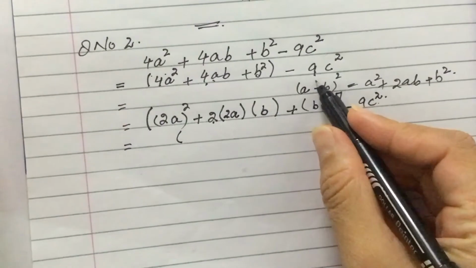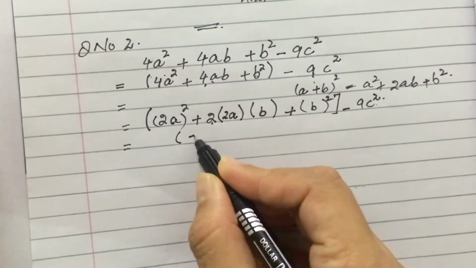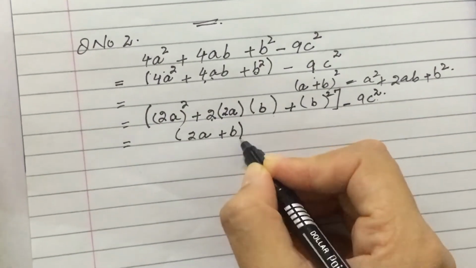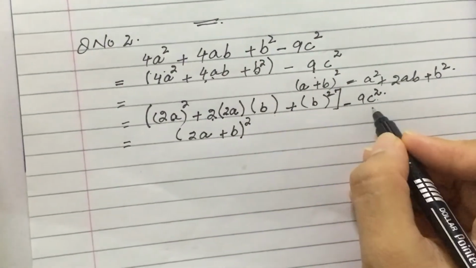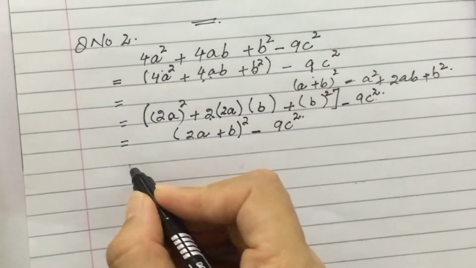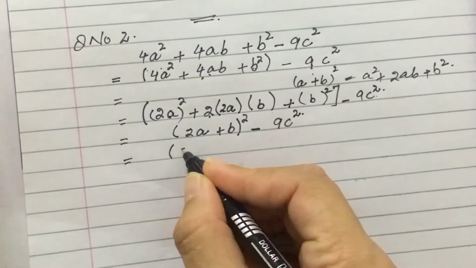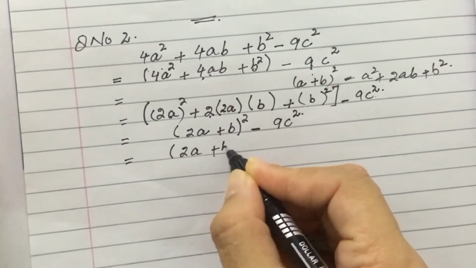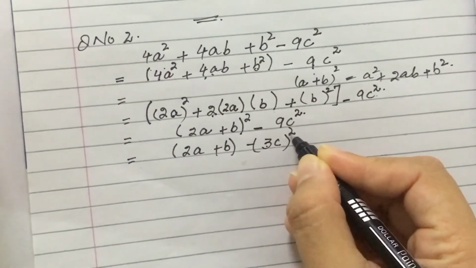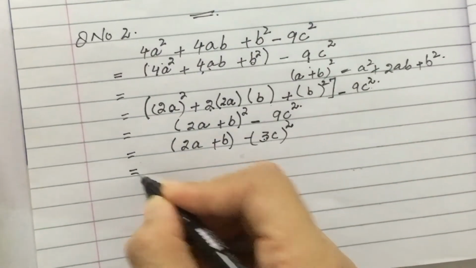Next step, to write it in squared form, a plus b. A means the first term, that is 2a, write here 2a. B means the last term, that is b whole square, and the last term, that is 9c square, comes here as it is. Again I see that this 9 is a complete square, so I can write it like 3c whole square. 3 multiplied by 3 makes 9, so I can write it in square form.